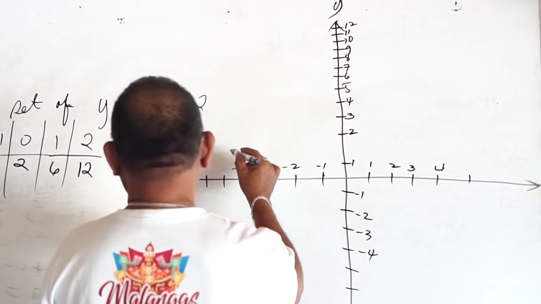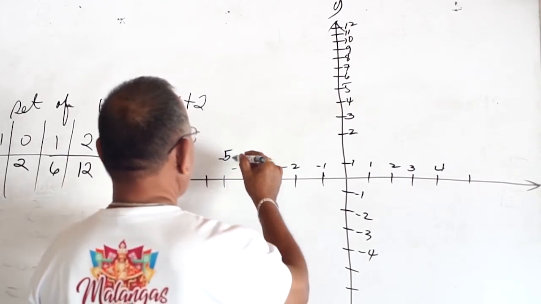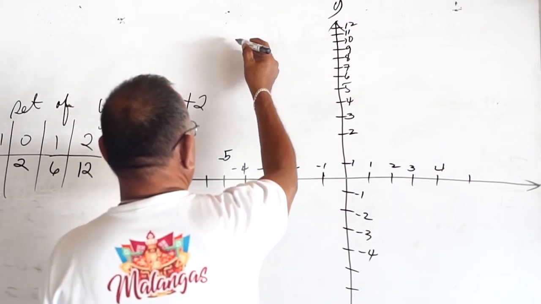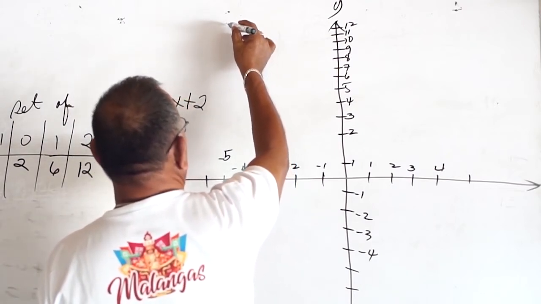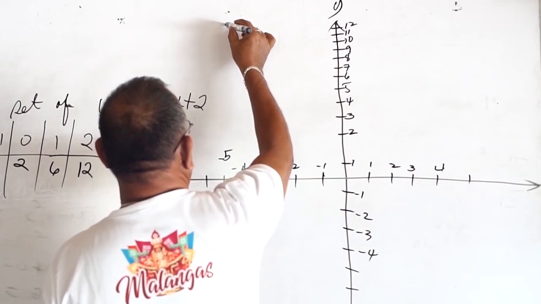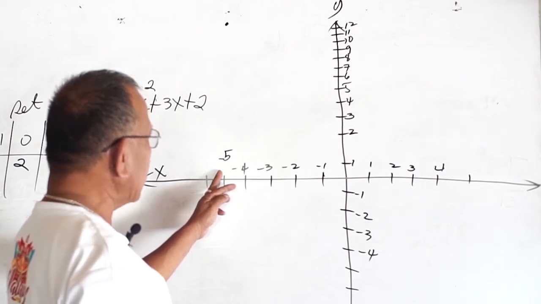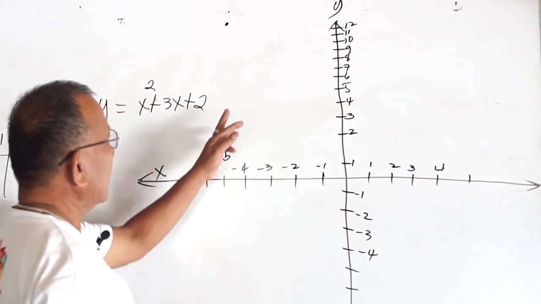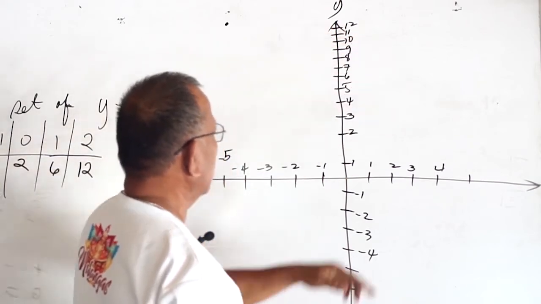So we have here negative 5 on the x-axis, and the y-axis value is positive 12. So we have here now the point, in line with negative 5 on the x-axis and 12 on the y-axis.